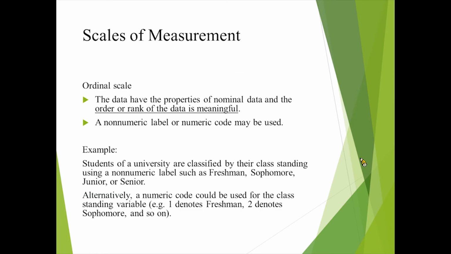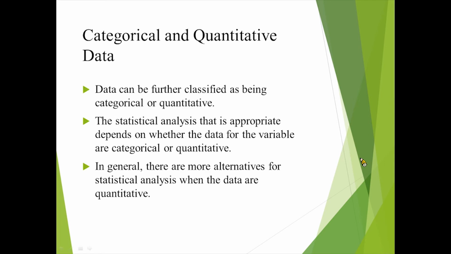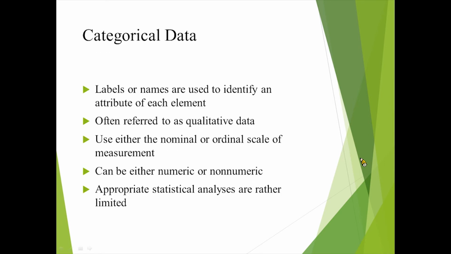So let's go to the slide. Okay, the label is also often referred to as the quantitative data. Also, they may have qualitative data. Sometimes the respondent, maybe you give them an open question, they can write down a sentence, and also the nominal ordinal scale.